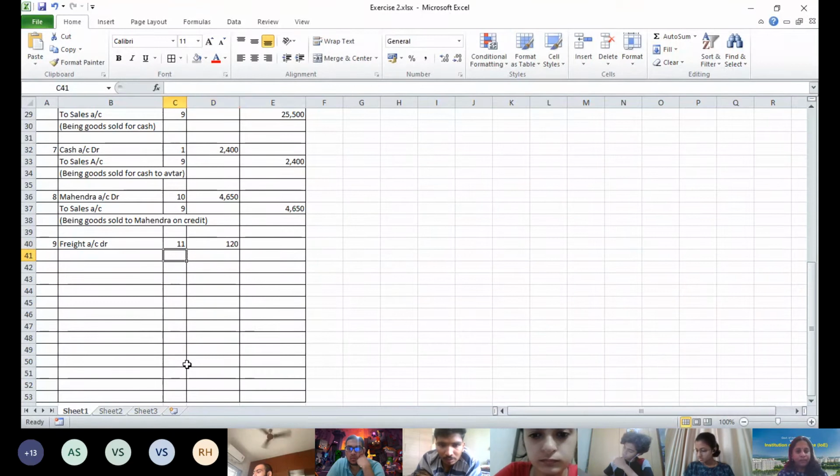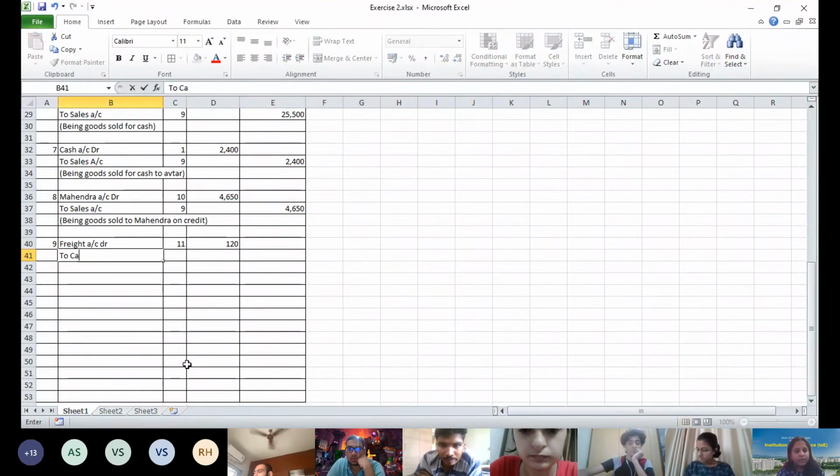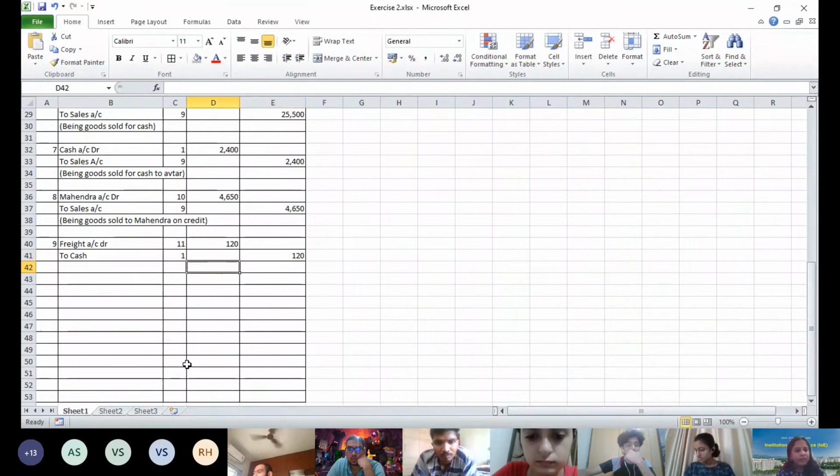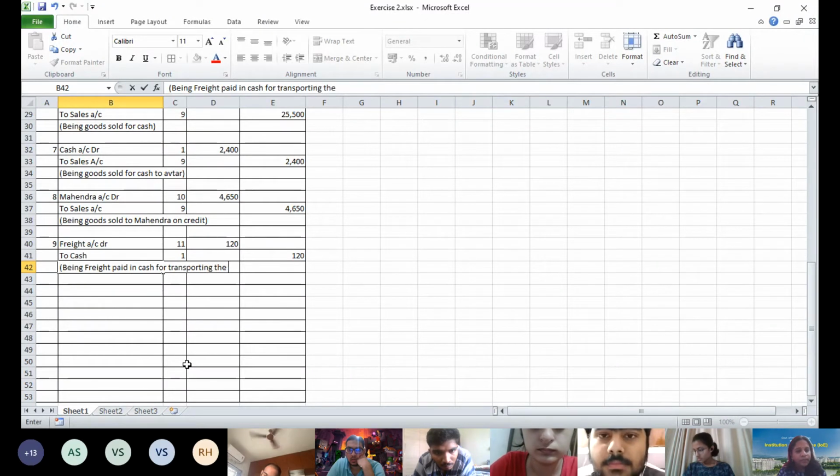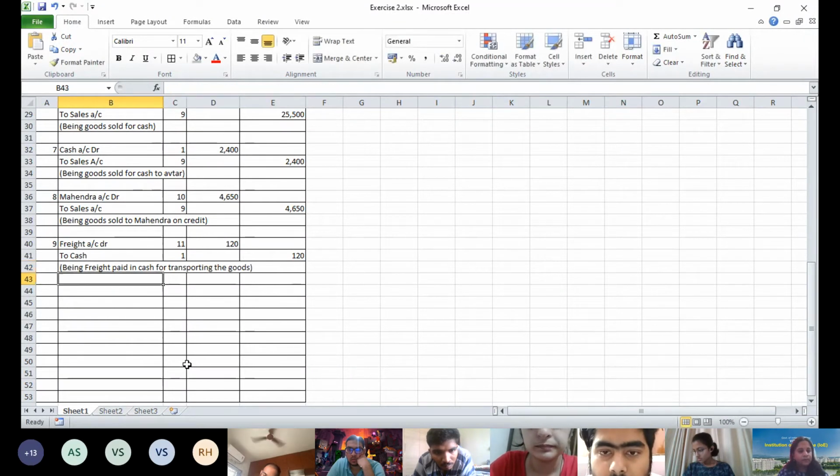Freight account debit to what? To cash. See, such a small amount. Again, being freight paid in cash for transporting the goods. So done. 10th one.